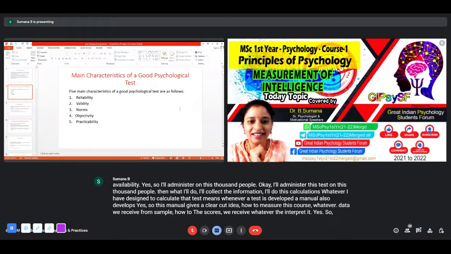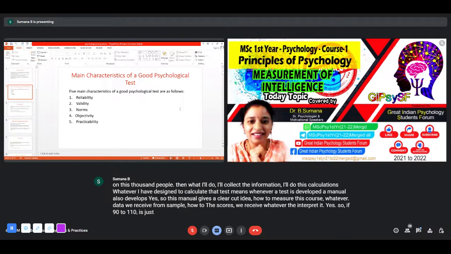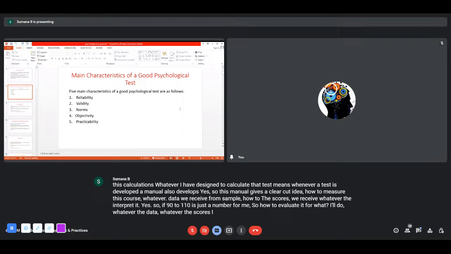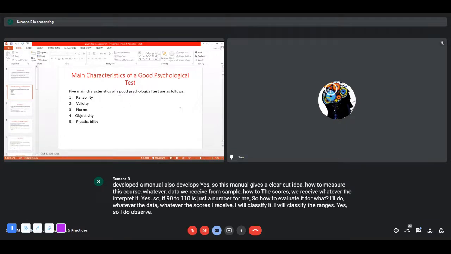If 90 to 110 is just a number for me, how do I evaluate it? So whatever scores I receive, I will classify the ranges. I do observe, and based on that I'll classify this data or information I got from this sample.